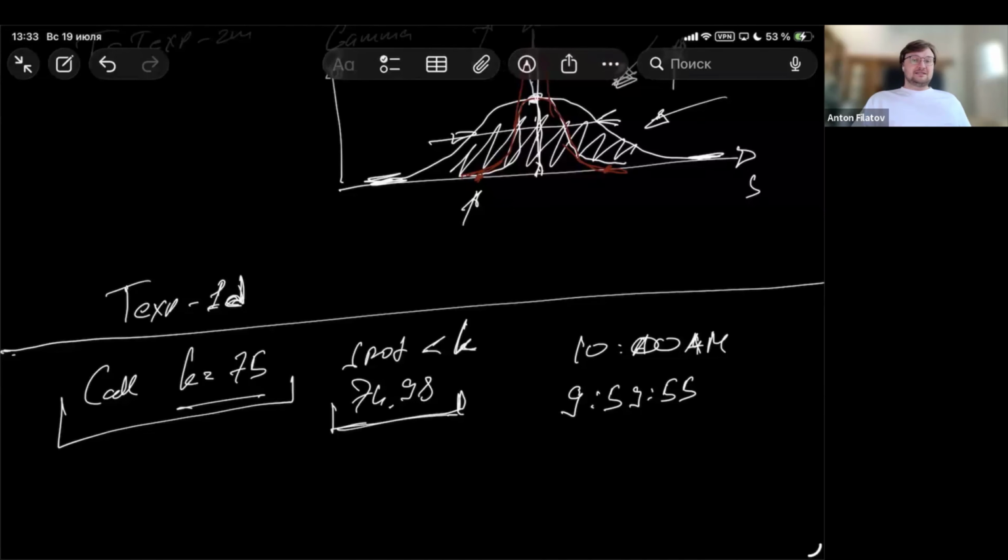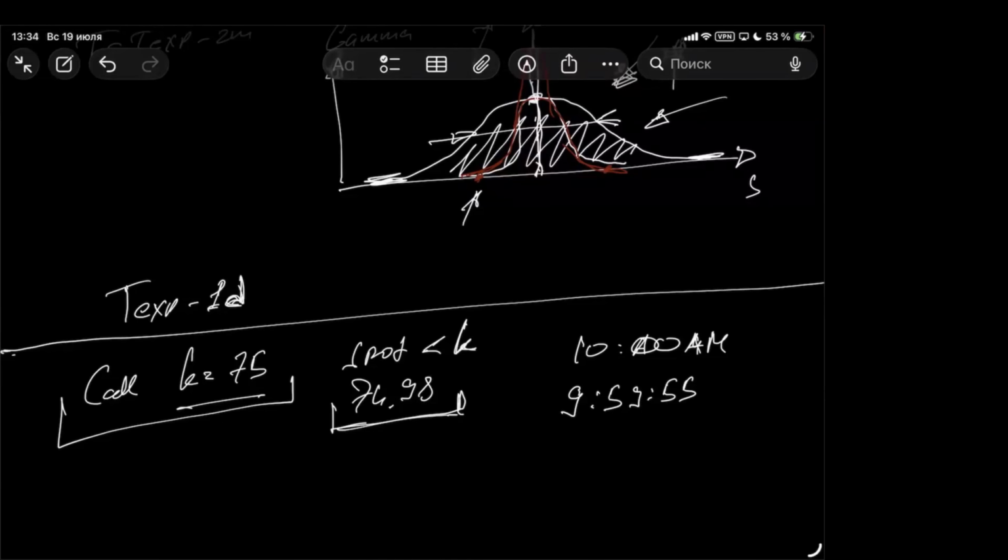You see that the underlying trades at this exact second at 74.98. Do you think there is a case you can imagine where you would exercise this call option? The strike is 75 and the spot is 74.98.